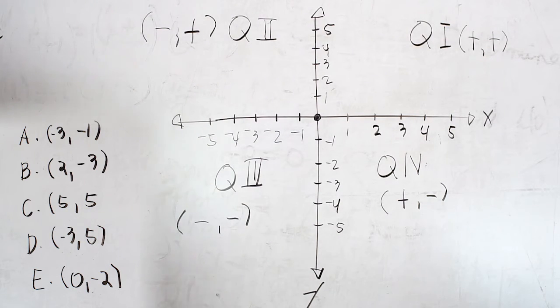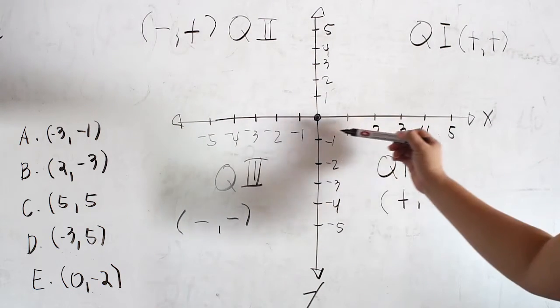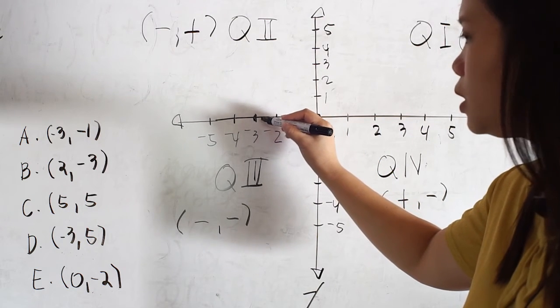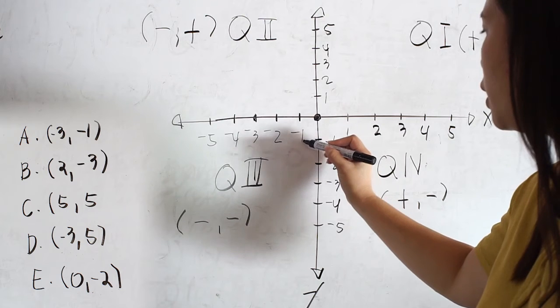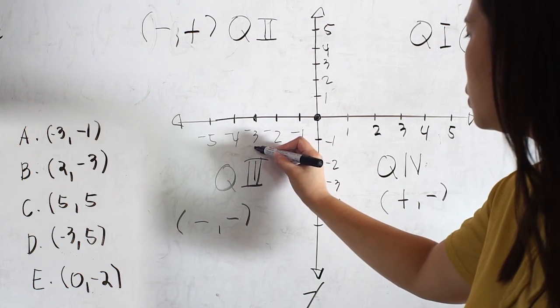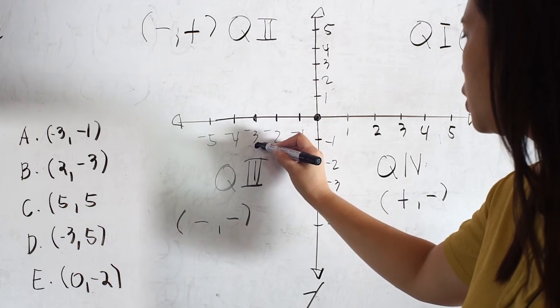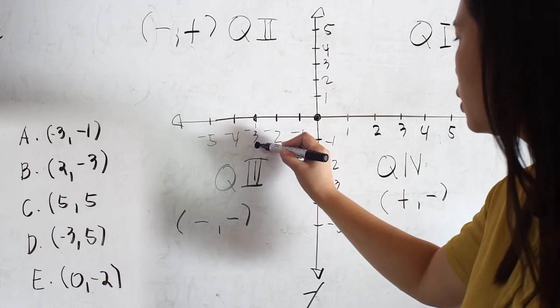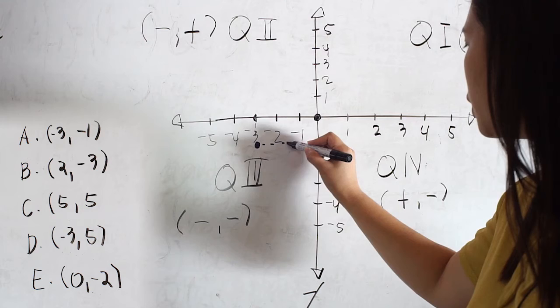So first, negative 3 will be your x and negative 1 will be your y. So negative 3 on x is here, and then negative 1. So this will be your point.